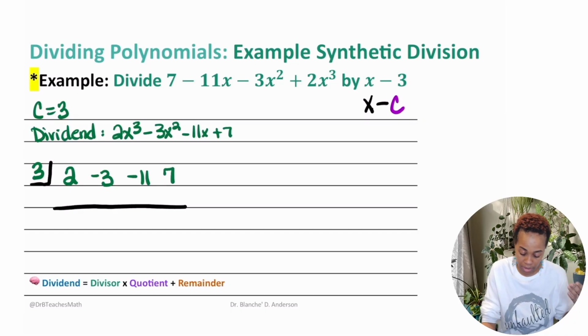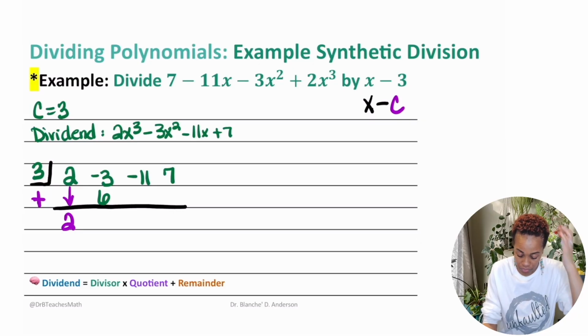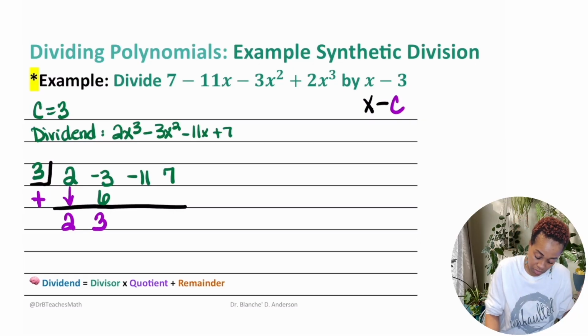And remember, everybody gets added. If it helps, I can put a plus symbol here. Everybody gets added. So let's get started. We bring down the 2, and we say 2 times 3 is 6. -3 plus 6 is going to give me what? A positive 3, rather.